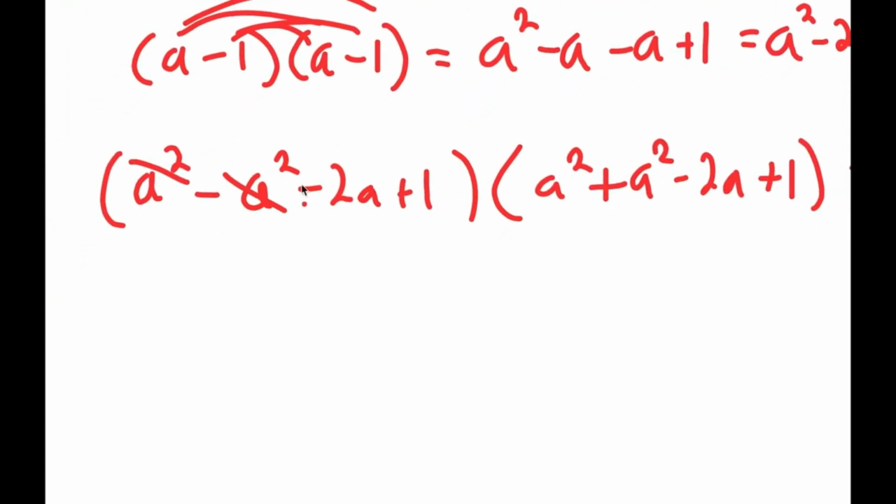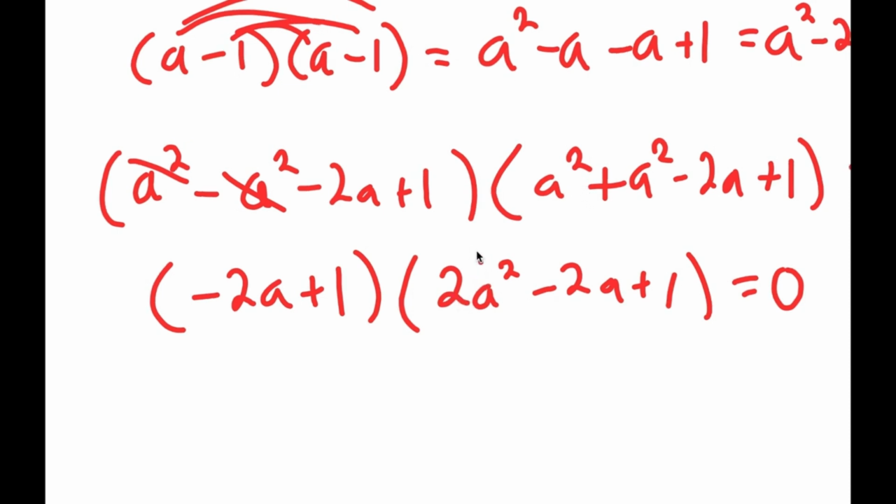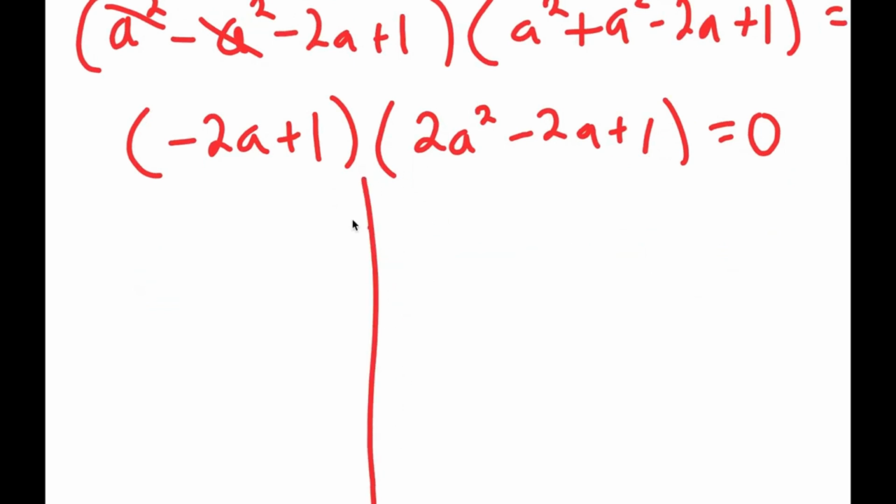Now for my left-hand side, these two cancel out, and all I'm left with is negative 2a plus 1. And for my right-hand side, these two add, a squared plus a squared, so I get 2a squared minus 2a plus 1, and this is equal to 0. So now from here, what I'm going to do is divide this into two different equations.